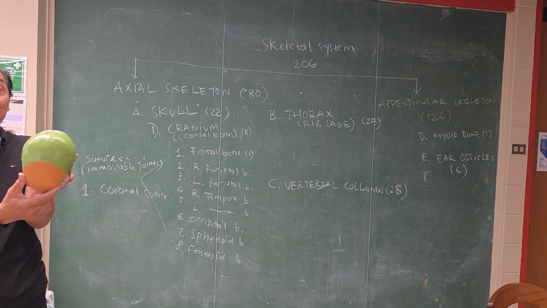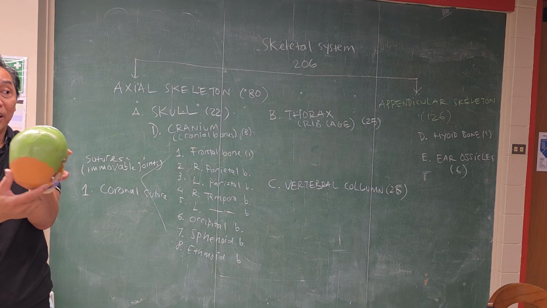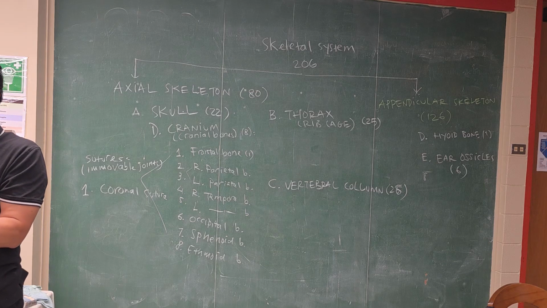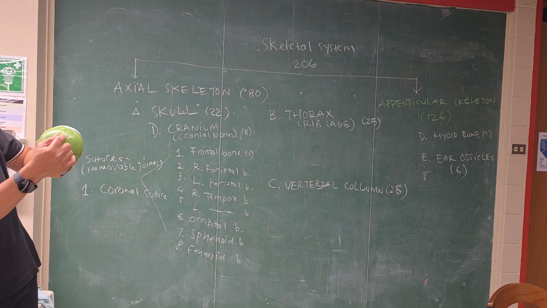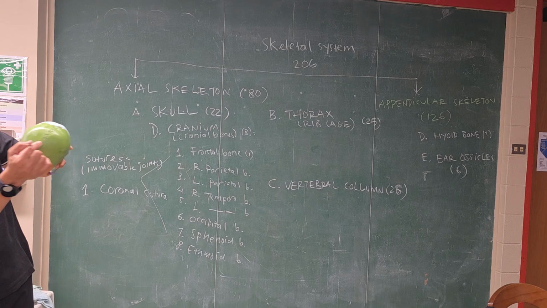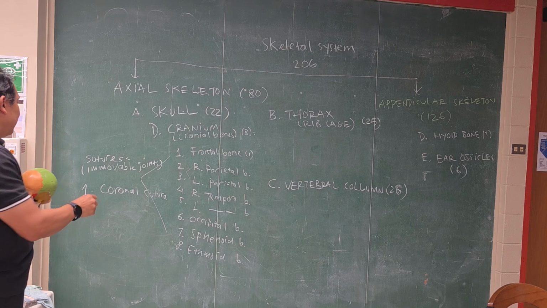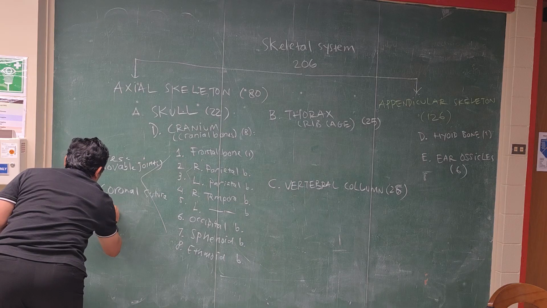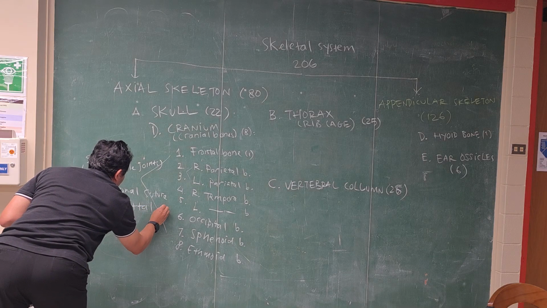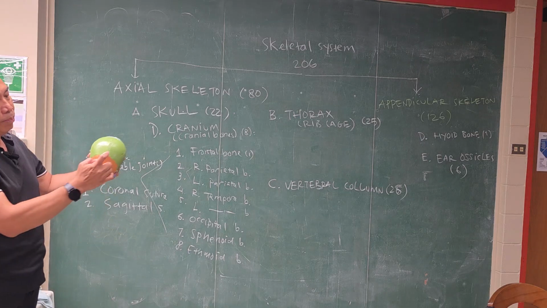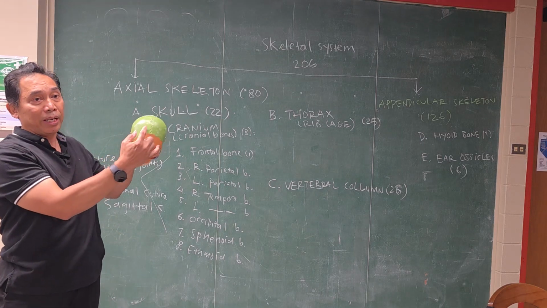Sagittal. Therefore, the name is the same: sagittal suture. Between left and right parietal, you have that suture over here. It's called the sagittal suture.